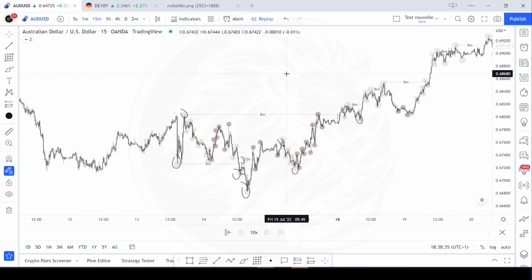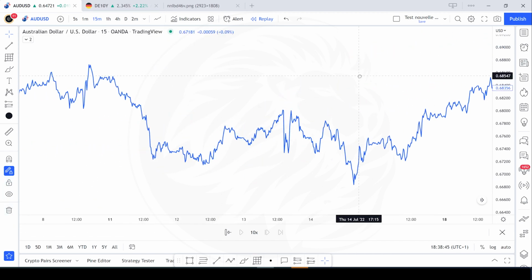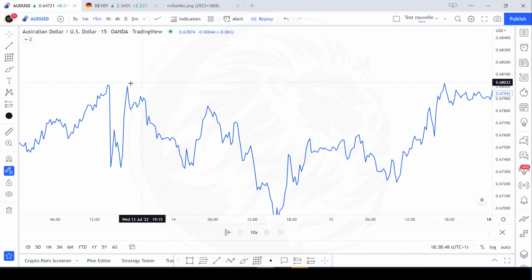Okay, everyone, also if you have some trouble finding the structure, a little tip that you can use is the line chart. So here you will be able to see where is your high, where is your low, because here we are bearish, so we wait for this low to be broken, and we will know that everything that's between this high and this low but not below this low will be internal structure.